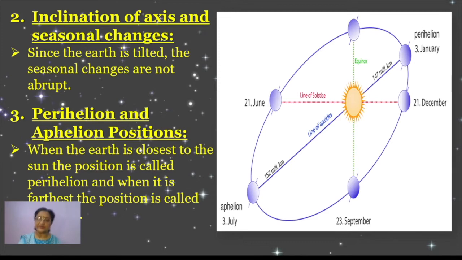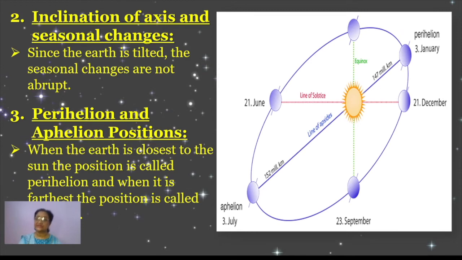Now, one more effect of revolution movement is perihelion and aphelion positions. What are these? There are two such positions, which are taken when the earth is closest to sun, and when the earth is farthest from the sun.